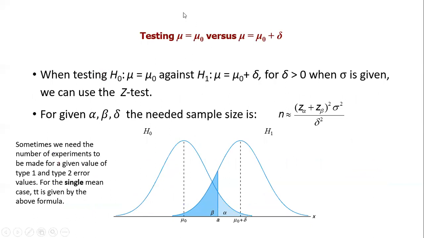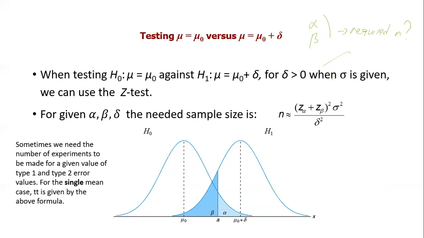So one final remark is, as I said, in real life, for making the test, what people do is they just determine the level of alpha, determine the level of beta, okay, and then find the required n, okay, how many samples do we need?